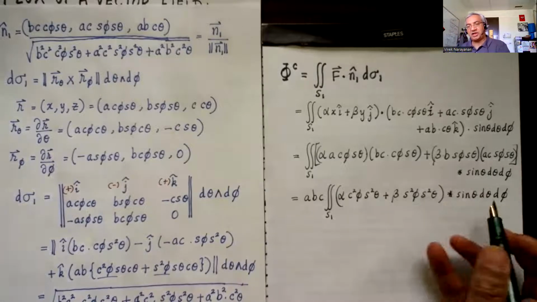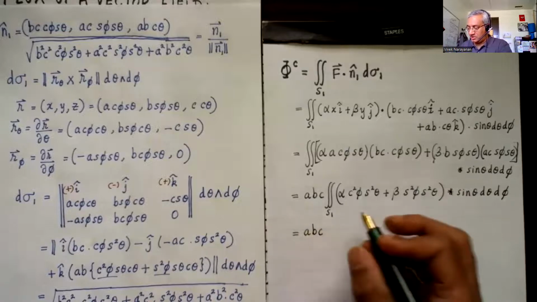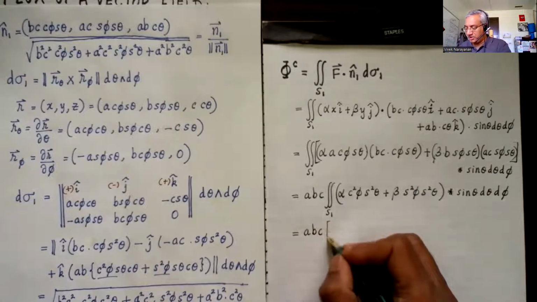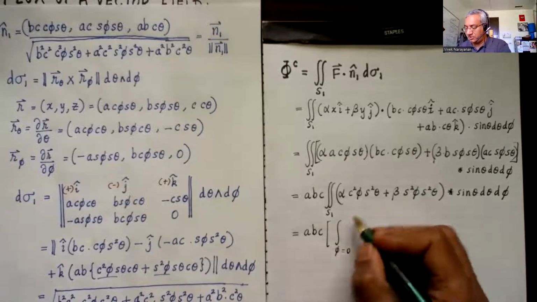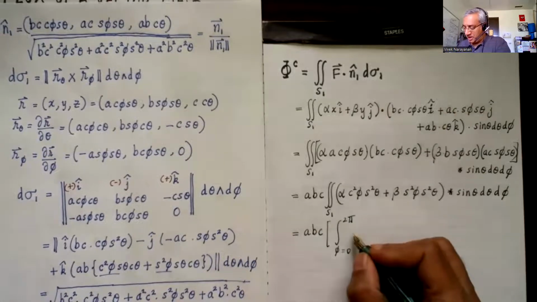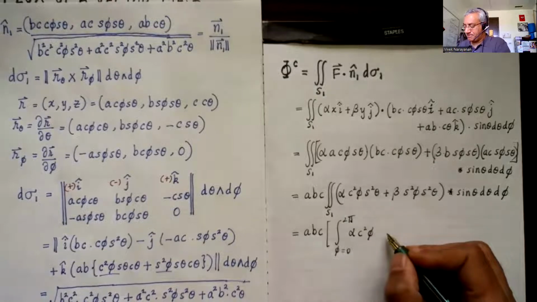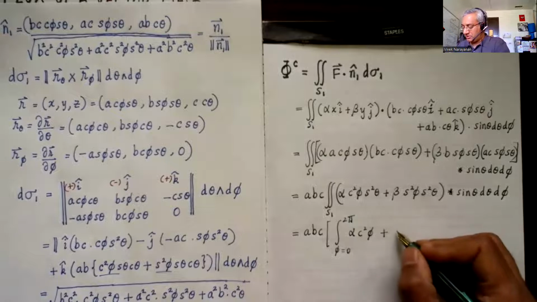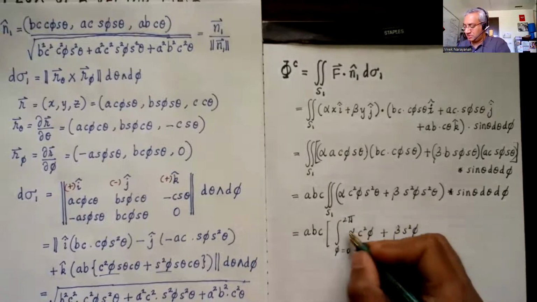So I can take sine squared theta common, and I have ABC. I can split up also the theta and the phi integrals. So the phi integral is 0 to 2 pi, because phi goes all around the ellipsoid like this. 0 to 2 pi alpha cosine squared phi plus beta sine squared phi d phi.